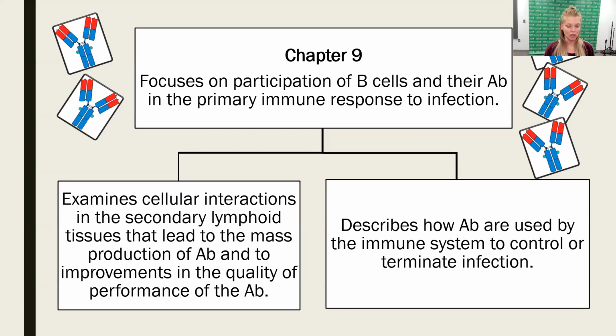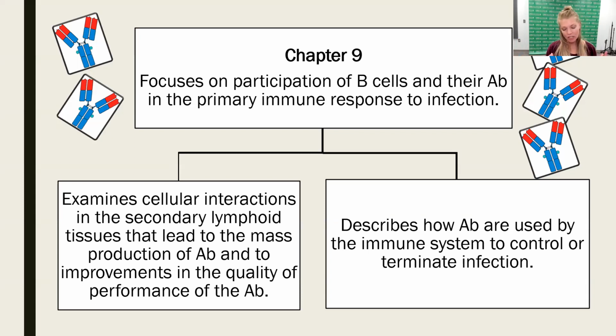Then we'll look at how that antibody is improved upon through the development of plasma cells. And then we're going to break up the second part here on the right into 2 additional lectures that look at how antibody is used to control infection and then eventually terminate an infection.